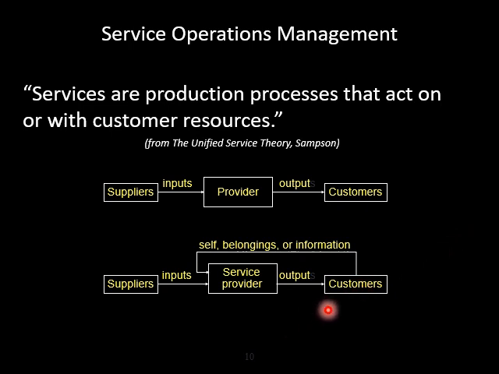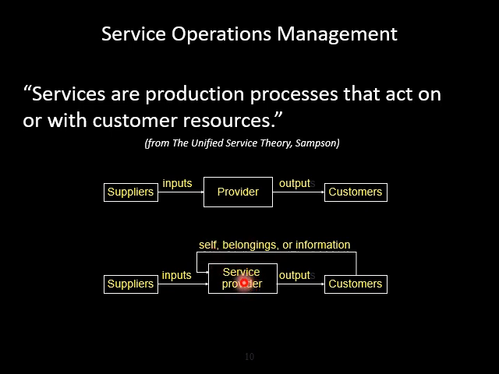Well, that means that as an input to the service provider and the transformation, there is an input of the customer. In the case of the teeth, the body is given to the service provider. The belongings, maybe something you own, would be pushed into the service provider as well.